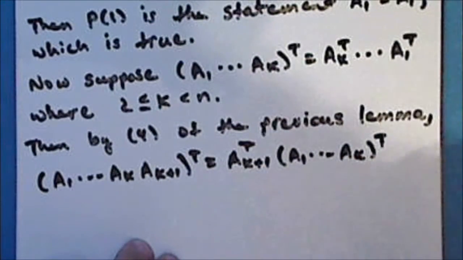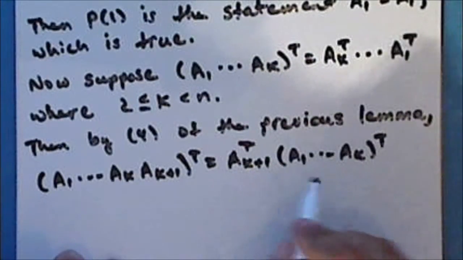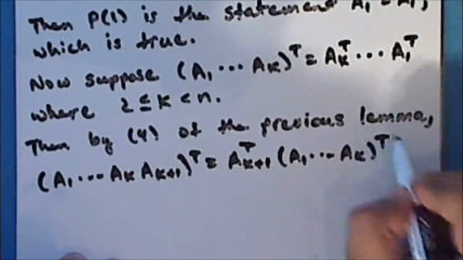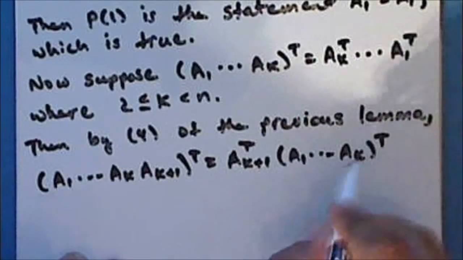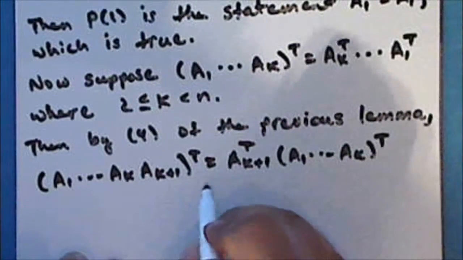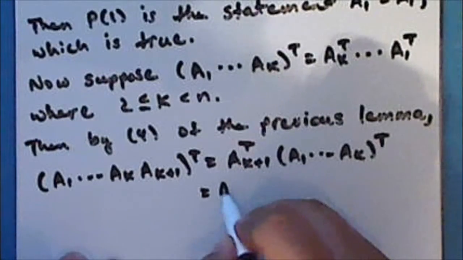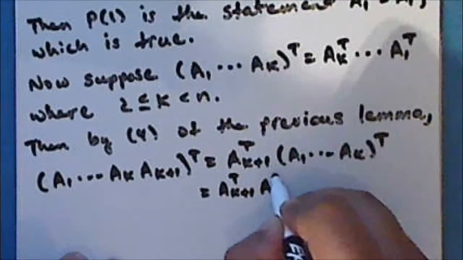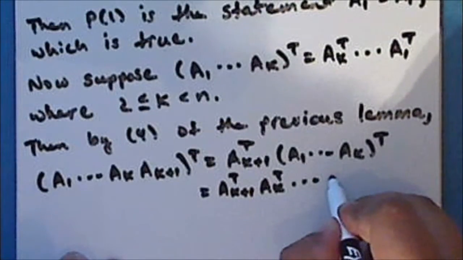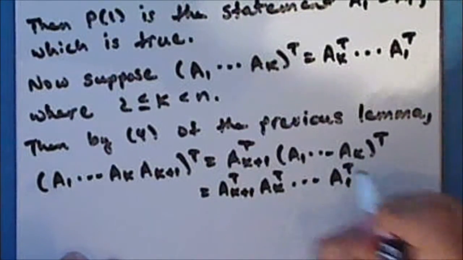Now since the transpose of the product A sub 1 through A sub k is the product of the transposes in reverse order, we have A sub k plus 1 transpose times A sub k transpose, and so on through A sub 1 transpose.